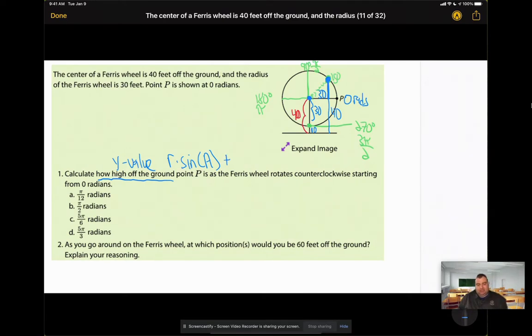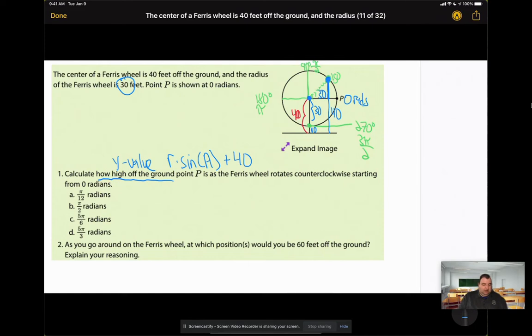So for each of these, I'm going to take the radius times the sine of the angle, and then I have to add 40 feet to it in order to get the true height, not just the height down to the center of the Ferris wheel. So remember, the radius in this case was 30 feet.